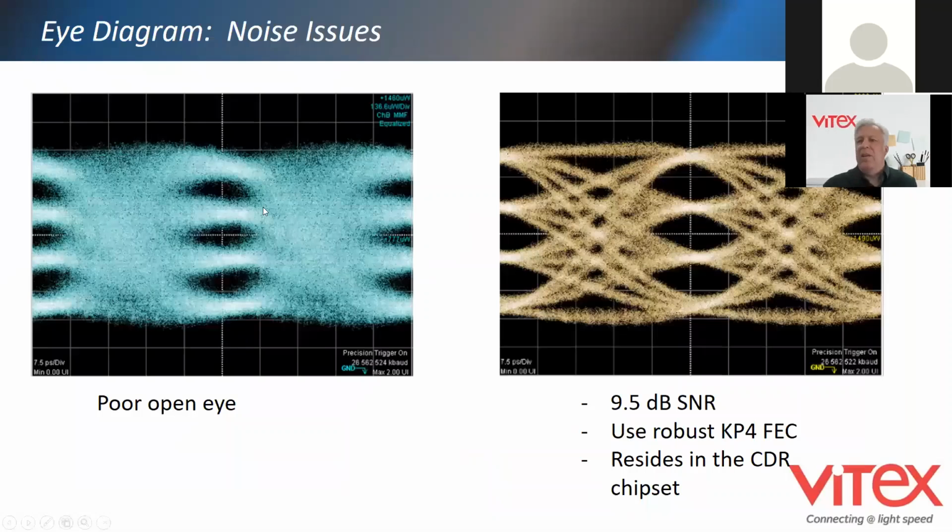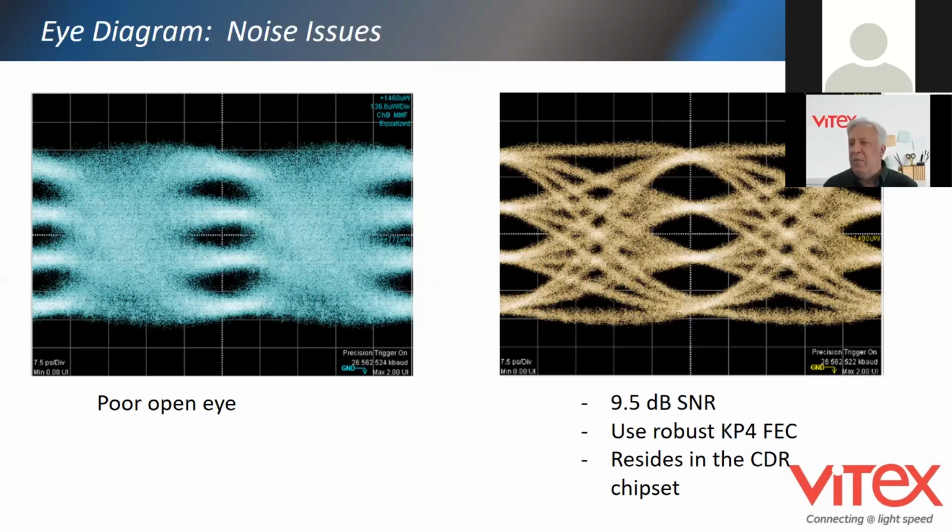If you take a look on the left, that's an open eye diagram. The left and the right are open eye diagrams for PAM4 modulation. If you took the single VCSEL type of architecture and you didn't use a DSP chip, the eye diagram would look like it does on the left.